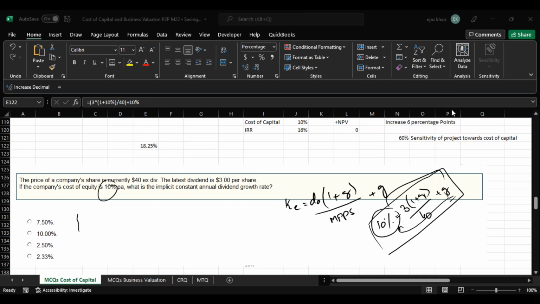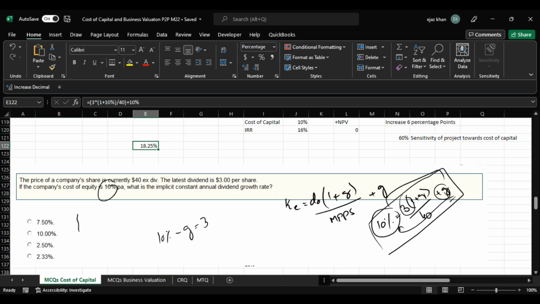Yeah, I'm solving the equation. I'm just showing you the trick in the exam, because solving the equation will be slightly a lengthy work to do. So if we take this growth rate to the other side, it will be 10% minus growth is equal to 3.